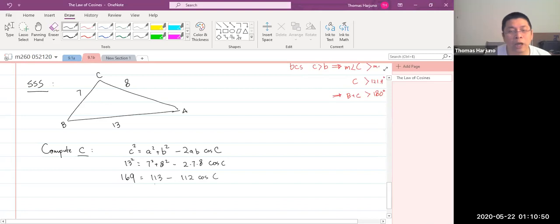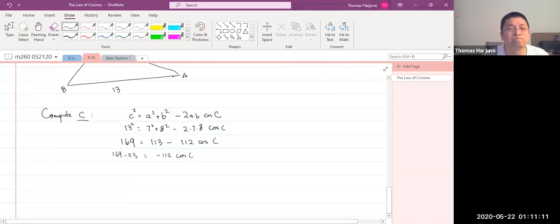Now remember, we cannot combine these two here because they are not like terms. This one has the variable cosine C, while 113 is without. Now, what I will do is 169 minus 113 equals negative 112 cosine C. I wonder what's that? 56.